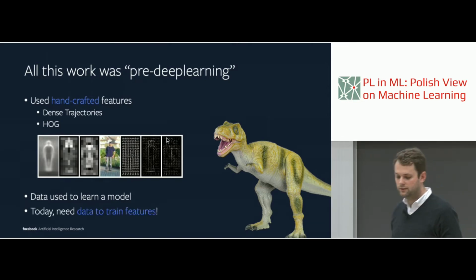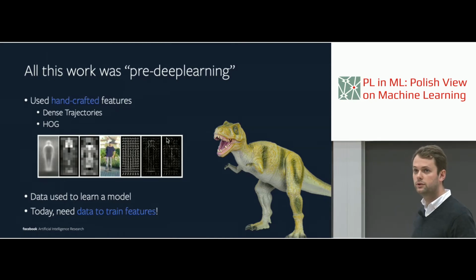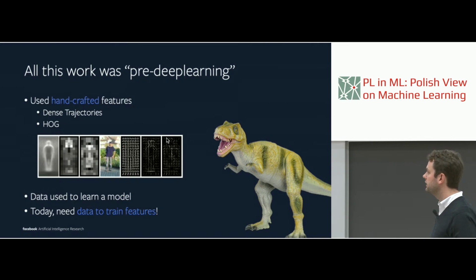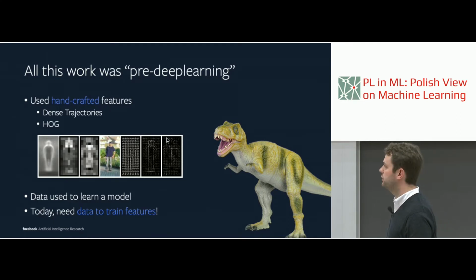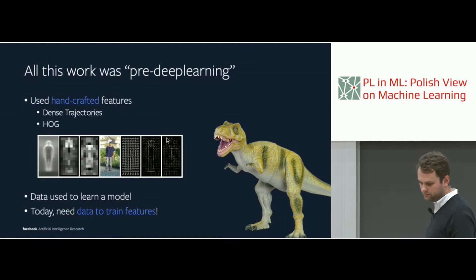However, today, you need data to also train your features, because you usually use some kind of convolutional neural network, multi-layer perceptron, LSTMs, something like that. And unless you take a pre-trained network on ImageNet, you need more data to also train your features.